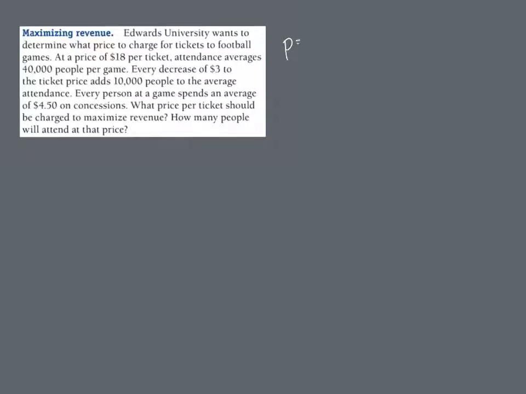So when P equals $18, attendance is 40,000. And every decrease of $3 to the ticket price adds 10 people to the average attendance. Now we have to be careful here because we want to do this per dollar, not every $3.